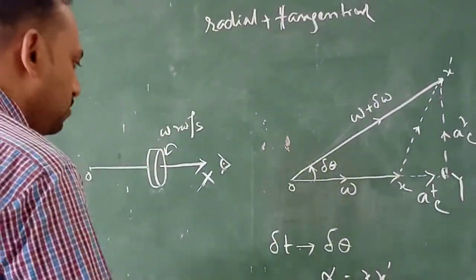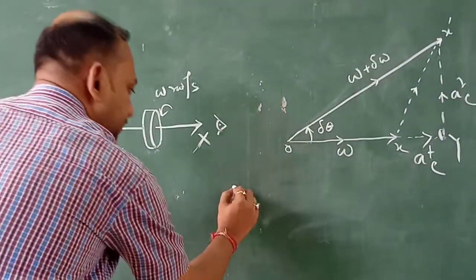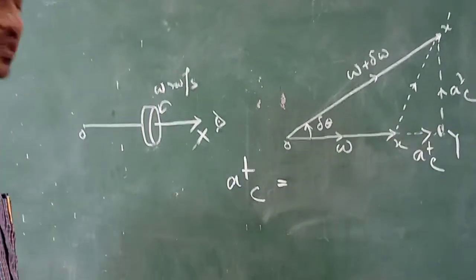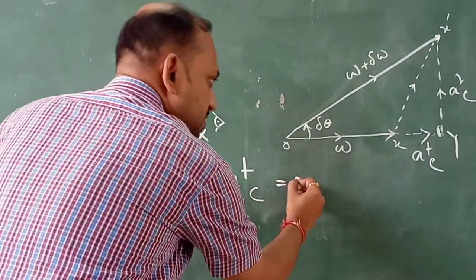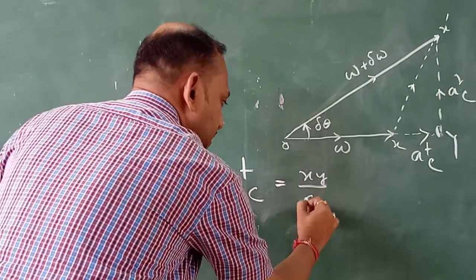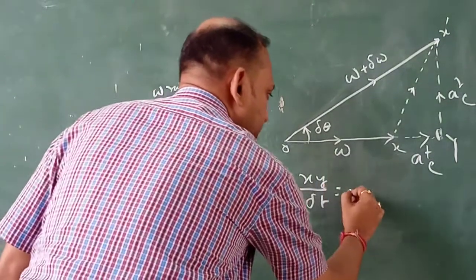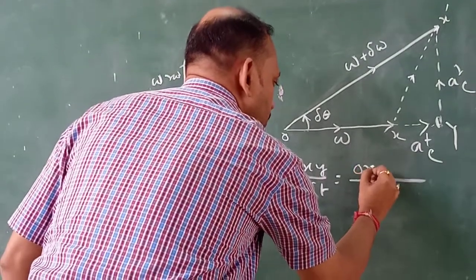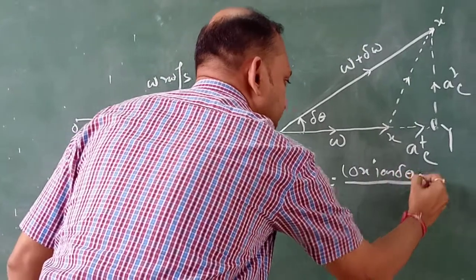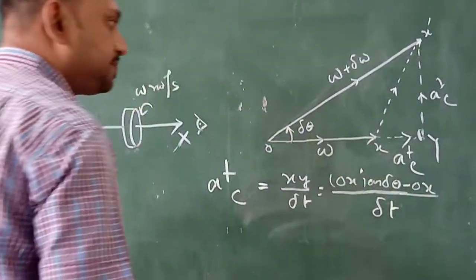So now let us find out the magnitude of these two components, tangential and radial. First of all, the tangential component. This is equal to xy divided by del t, the period of time. So this can be written as Ox dash cos del theta minus Ox divided by del t.